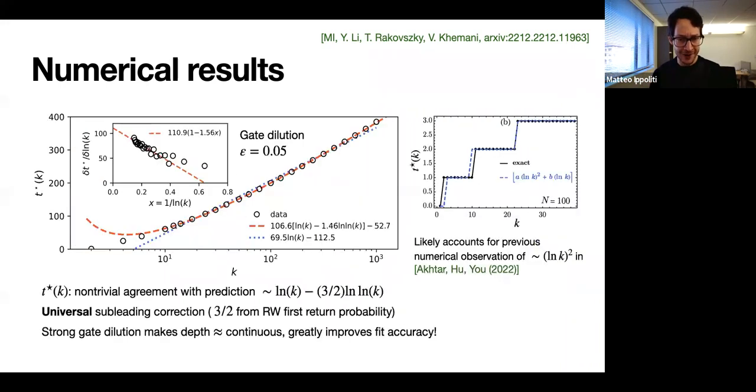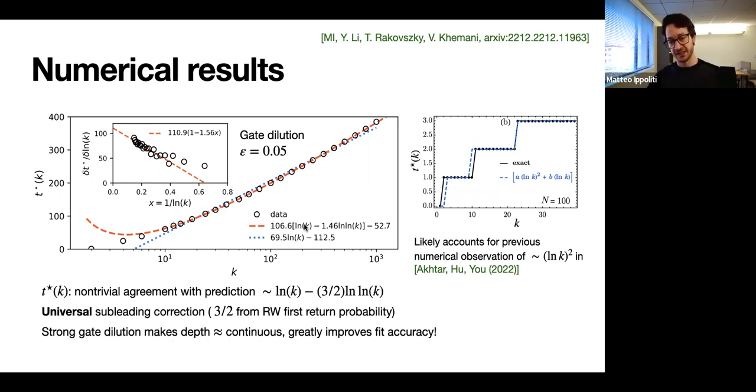And so finally, we can use this trick of dilution to slow things down such that instead of having all of these steps, we have a really smooth and continuous behavior. And by using our MPS method, we can get up to 1,000 sites and get very good evidence that the scaling with k is in the form we predicted.